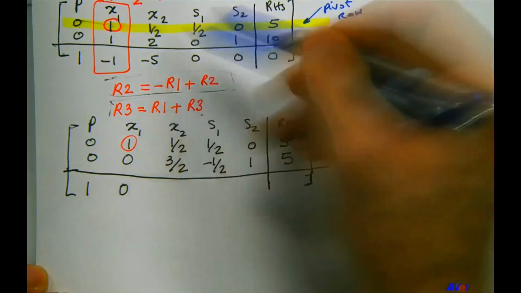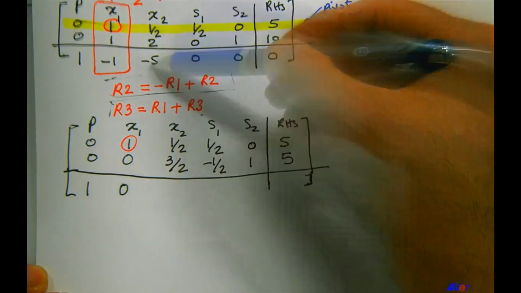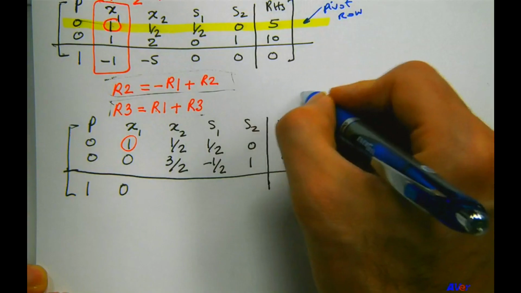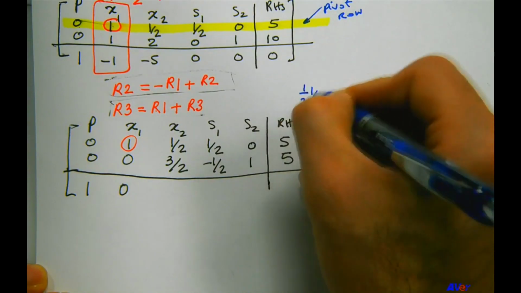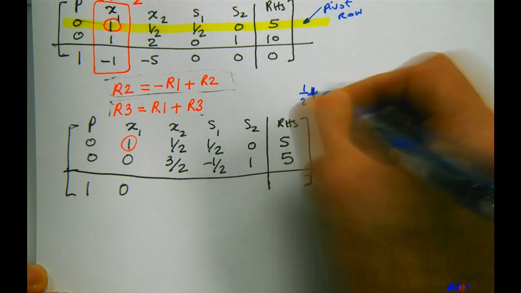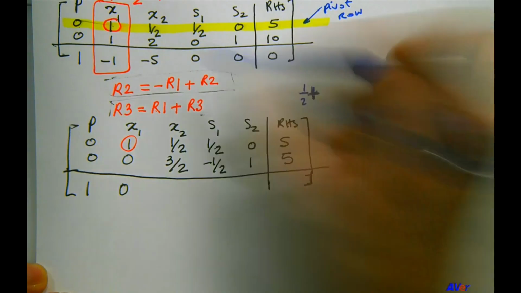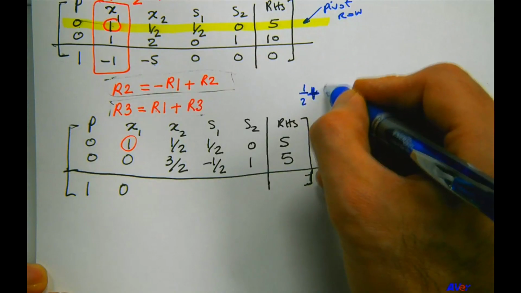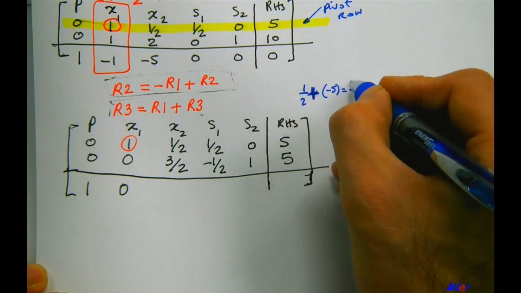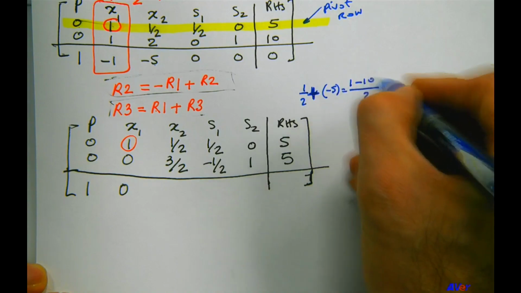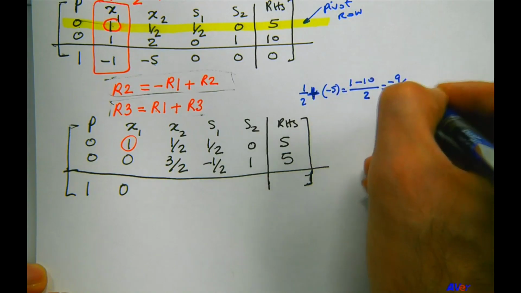So we're simply doing 1/2 plus -5. So the common denominator is 2. It's going to be 1 minus 10.